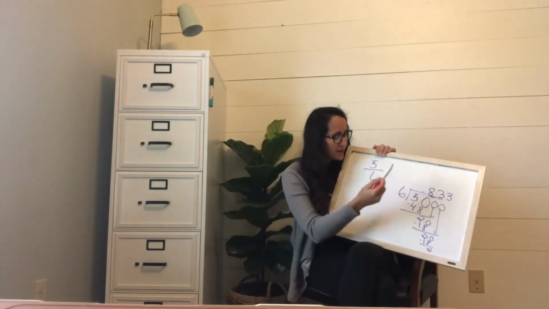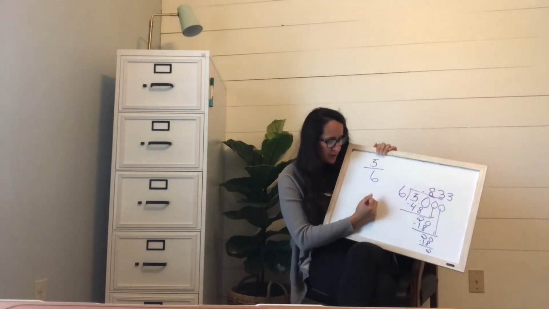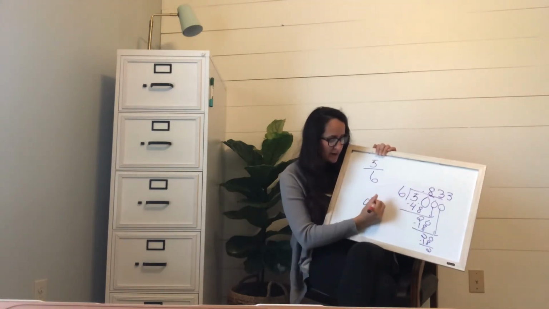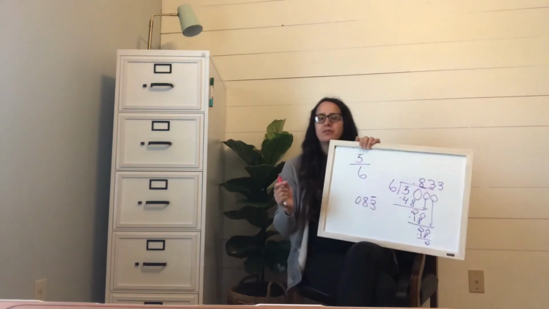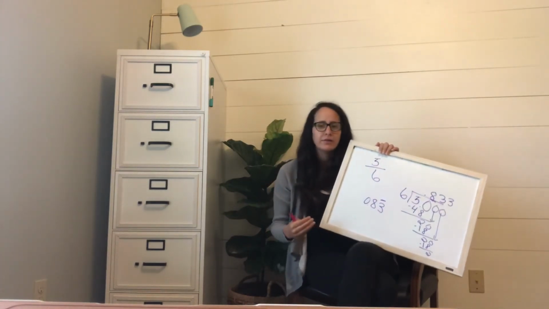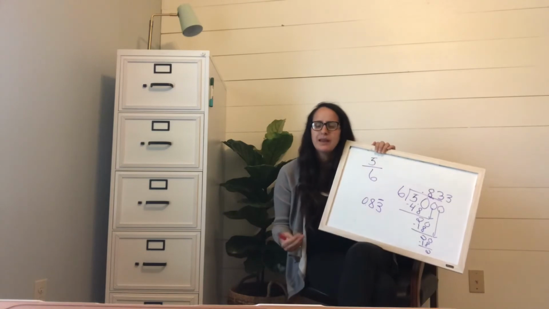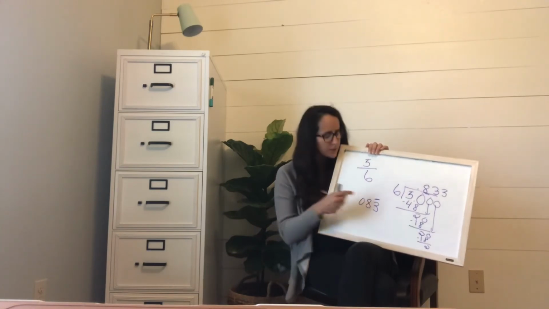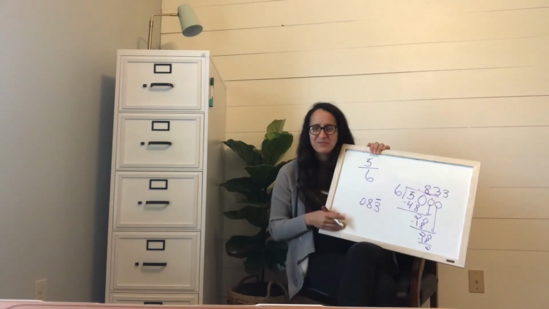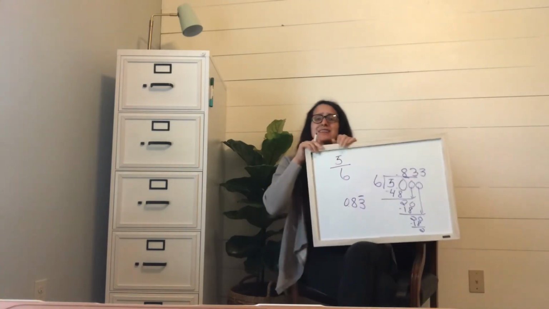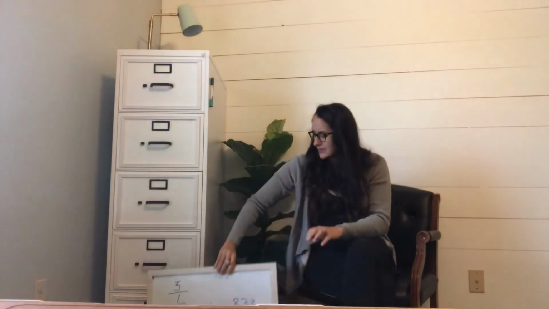Yeah, we're going to put it above the 3. So our number is going to be written 0.83, with a line over the 3. I wouldn't want to put it over the 8 because the 8 is not repeating, only the 3 is. That's simple, guys. That is all you are working on today.